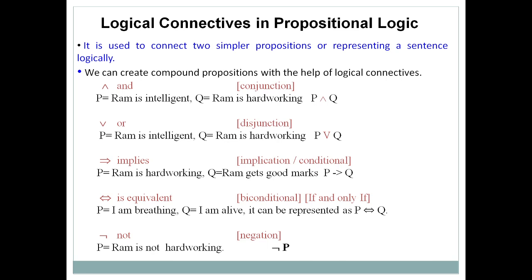So we can create a compound proposition with the help of logical connectives. The very first one is AND, which is nothing but a conjunction. The AND symbol represents conjunction.